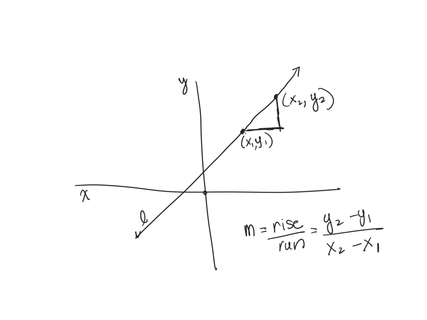Keep in mind the slope of a vertical line. Let's say this is the point negative a.